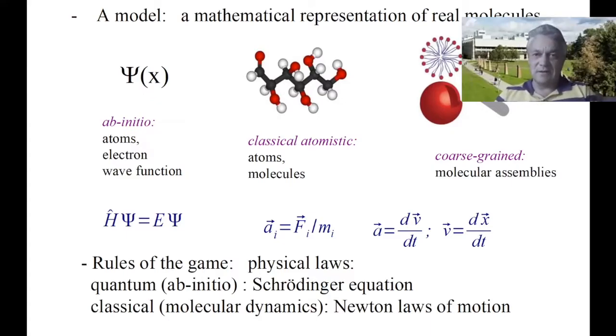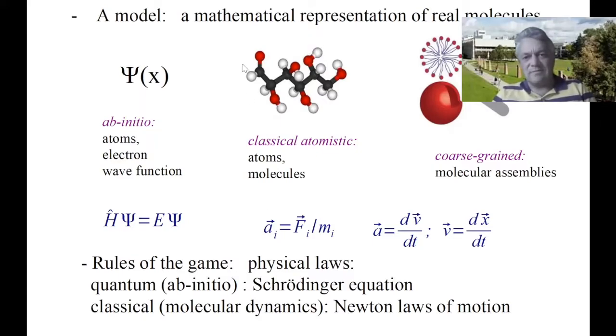But we are working with physics-based modeling, which is based on physical laws, and this modeling can be done on different levels. On the most fundamental, ab initio level, we consider the system as a quantum system, which is described by the Schrödinger equation.